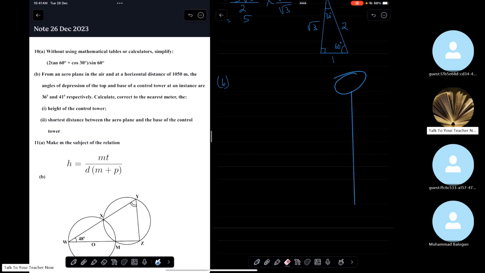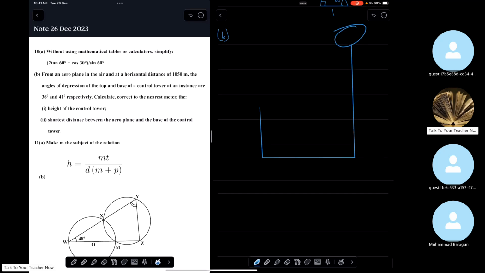So let this be the control tower. The height of the control tower will be shorter than the distance between the aeroplane and the ground level. They said at a horizontal distance of 1,050 meters. So this is 1,050 meters. This is the control tower, while this is the aeroplane.